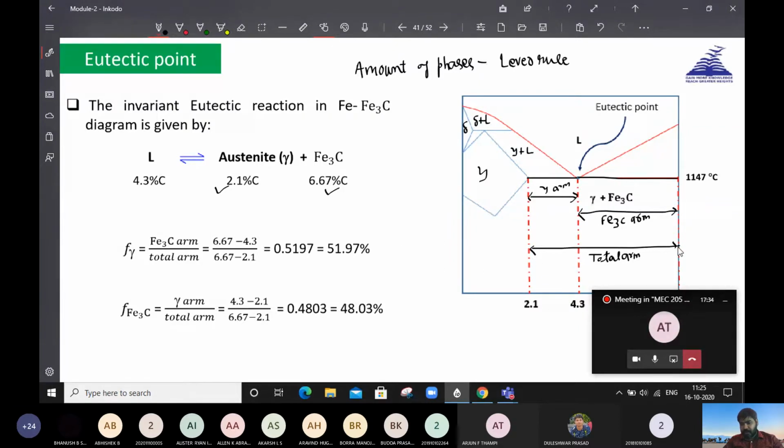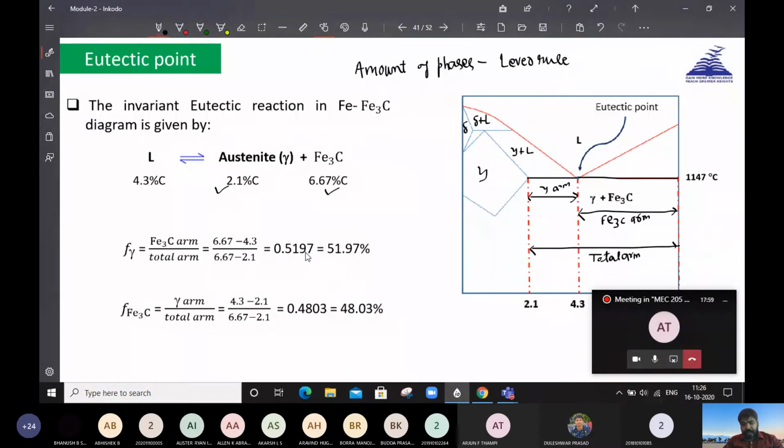The total arm is from here to here, 6.67 minus this, which is 2.1. So you can see I have written the same thing here, 6.67 minus 2.1. In this way the fraction will come to 0.5197.